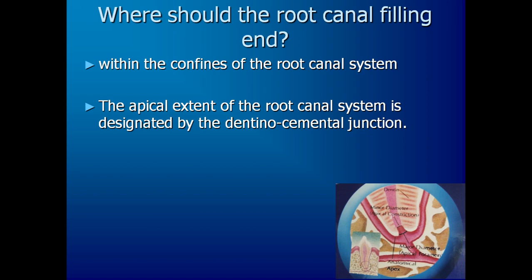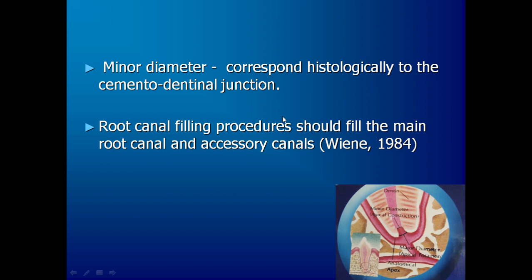Now the other question to be answered is, where should it end? Where should we stop our obturation? Ideally it should be stopped at the CDJ. The best answer is that it should be confined within the root canal, no doubt, and it should be at the CDJ, or otherwise called the minor diameter. CDJ is a histological finding, so my apical constriction or the minor diameter is considered the ideal place to end our obturation.